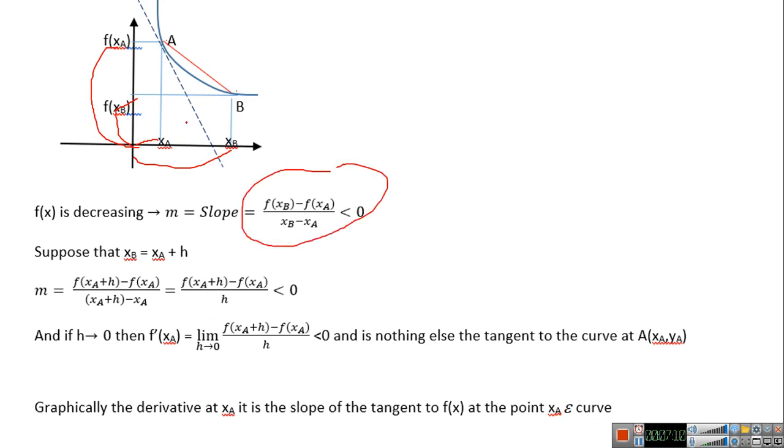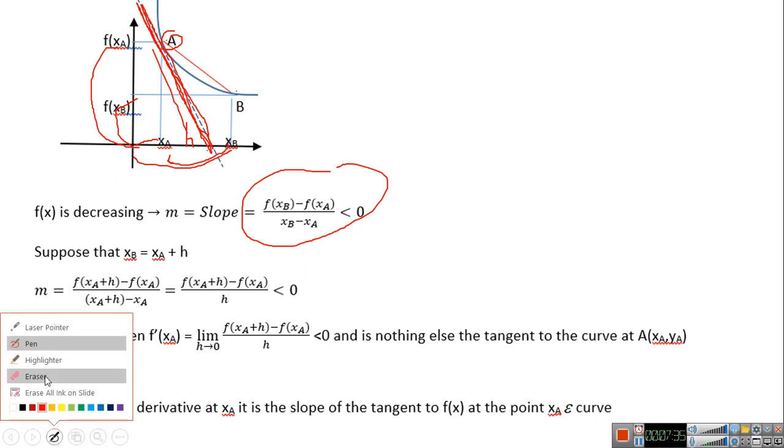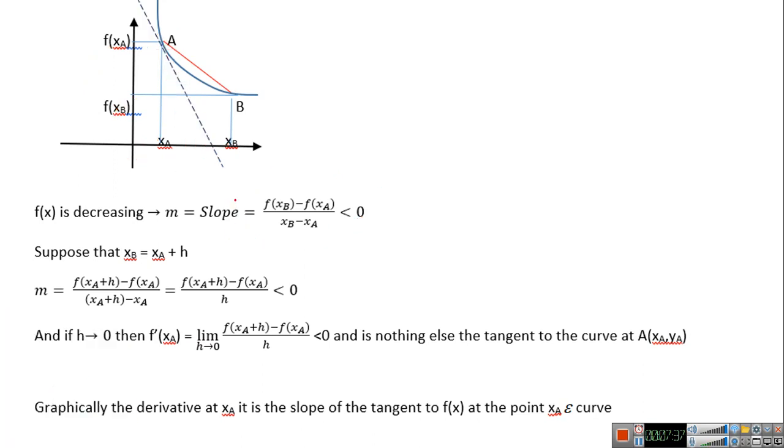And the same story: if this is h, and xb tends to xa, then the line will be tangent, and this tangent is nothing else than the derivative. In that case, we can say that here the derivative is negative. Why? Because the tangent at the point A is negative. So what you need to know till now is that the derivative is nothing else.